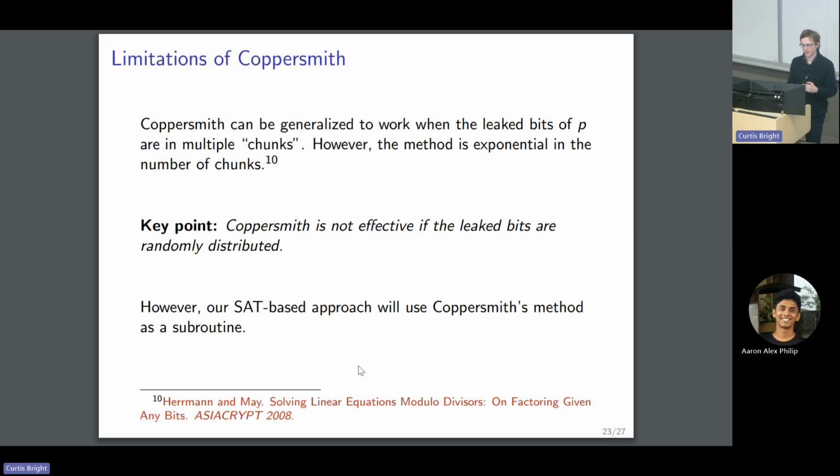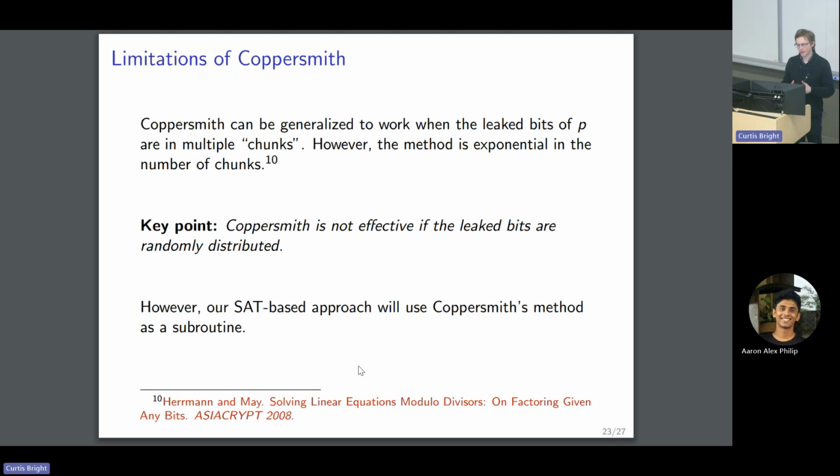You can generalize Coppersmith so that it works when you have multiple chunks of known bits, but it's exponential in the number of chunks, which essentially makes it infeasible when you have lots of chunks. In practice there will be lots of chunks because the positions are random, and we don't control how many chunks there are. So Coppersmith doesn't apply in this scenario.